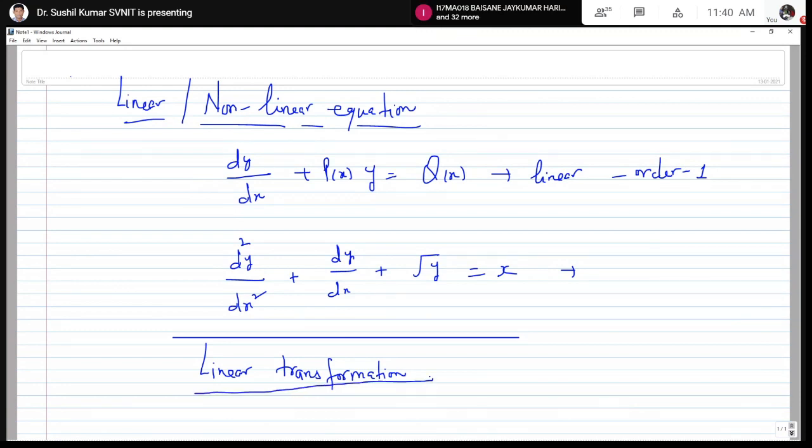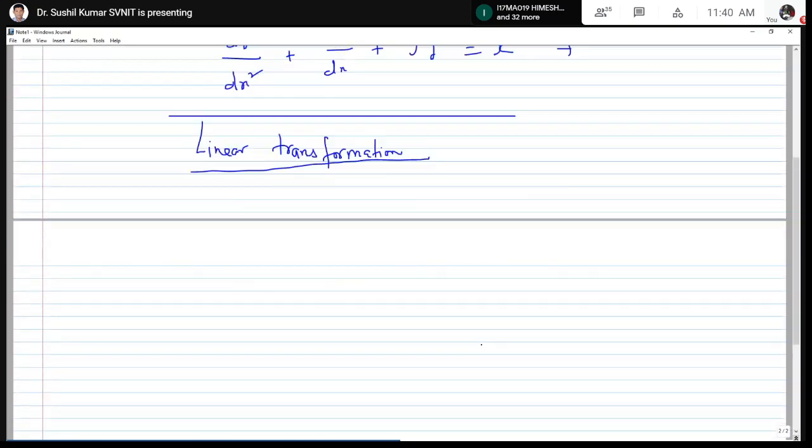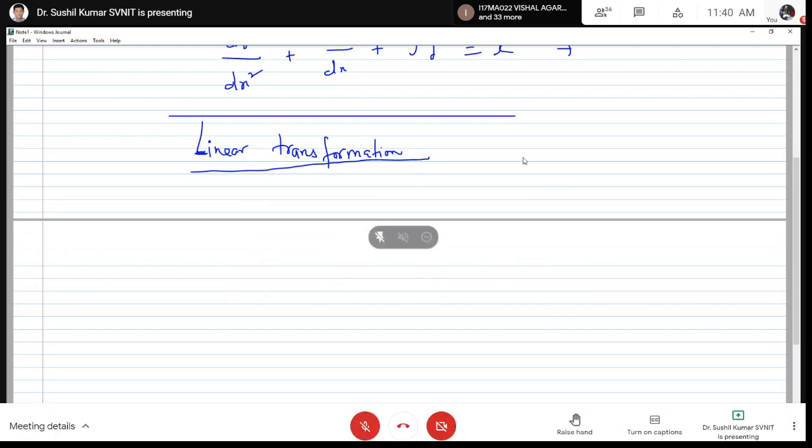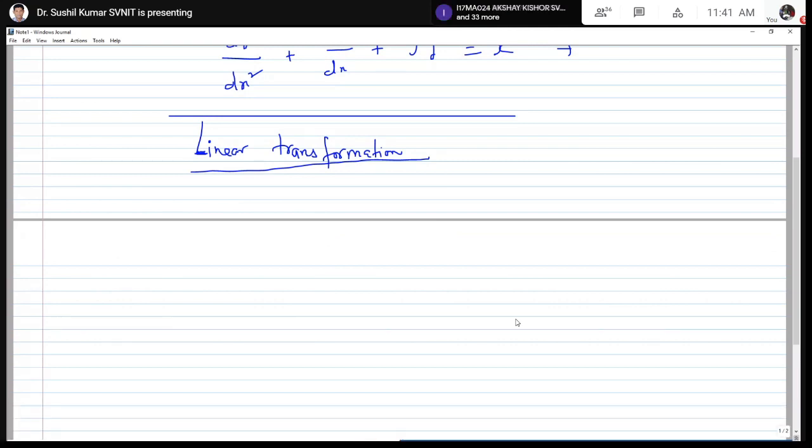What's the definition of linear transformation? पूर्वा, मीटिंग में हो आप?